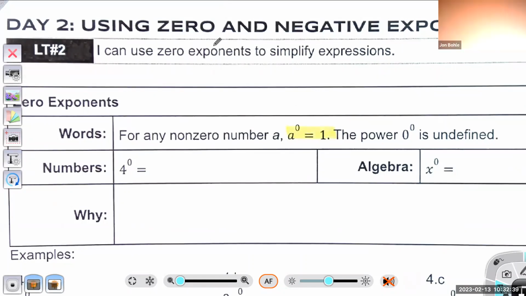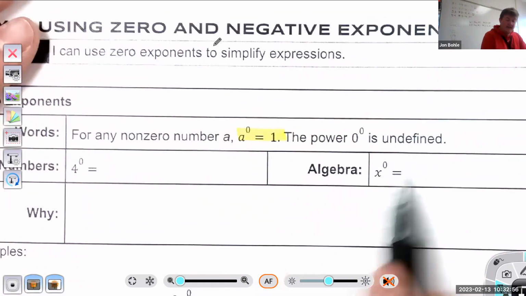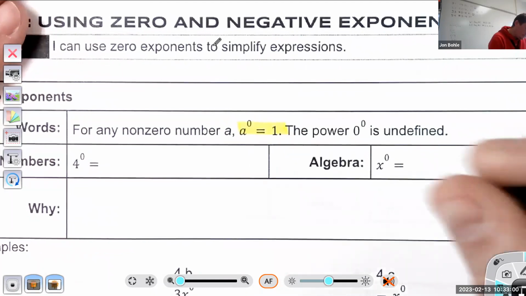That does not work. Okay, so you're always going to want to try to identify what the exponent is being applied to, and whatever it's being applied to, that will just be 1.